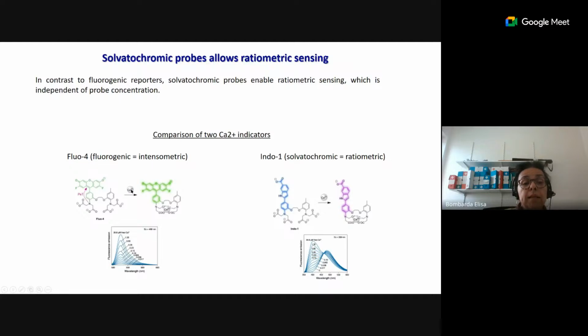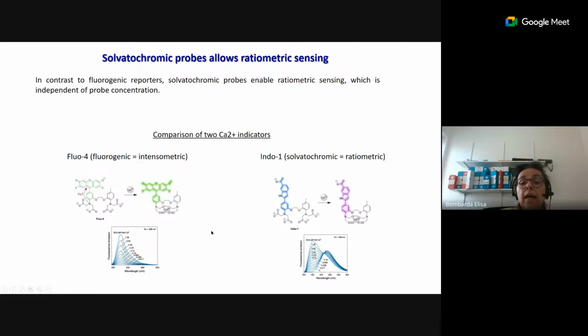When calcium binds to the part of the molecule that is sensing the phenomenon, it gets fluorescence, and you see that the intensity we can measure increases with the concentration of calcium.